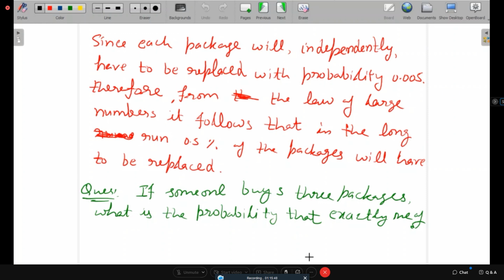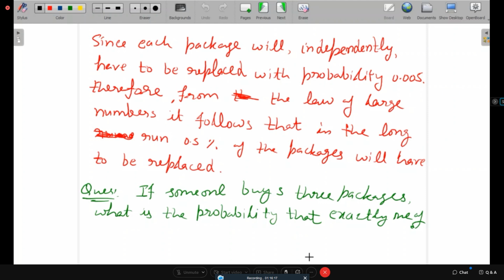The law of large numbers says that in the long run, the mean of that Bernoulli trial is 0.005. If you make it a percentage, it's 0.5% of the packages that will have to be replaced. That's what the law of large numbers says.